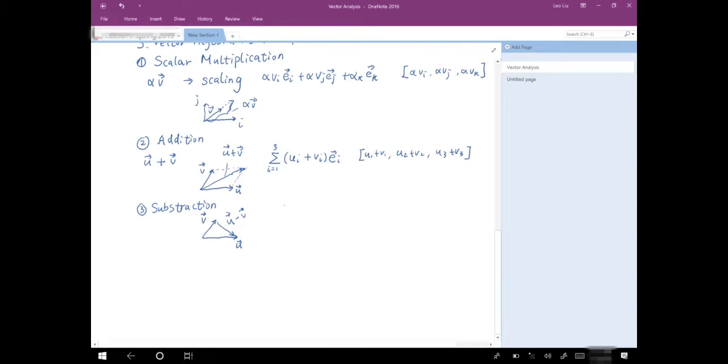So here is U minus V, and here we use UI minus VI along the I direction, and also here it is U1 minus V1, U2 minus V2, and U3 minus V3. So this is subtraction.